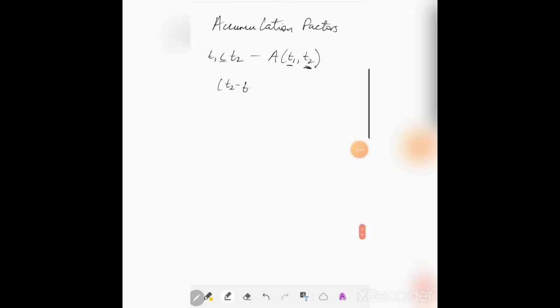t2 minus t1. Here it follows by the definition of i subscript h, that for t and h greater than 0, the accumulation over a time of length h, that is a(t, t+h), is nothing but 1 plus h i_{h,t}.